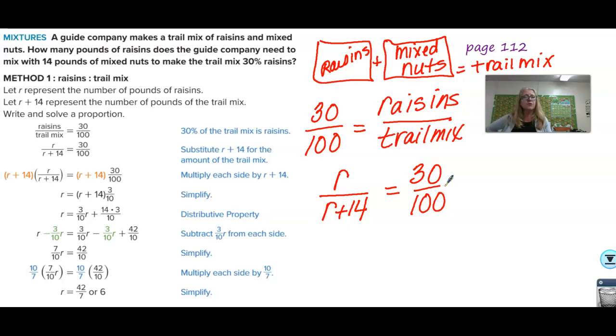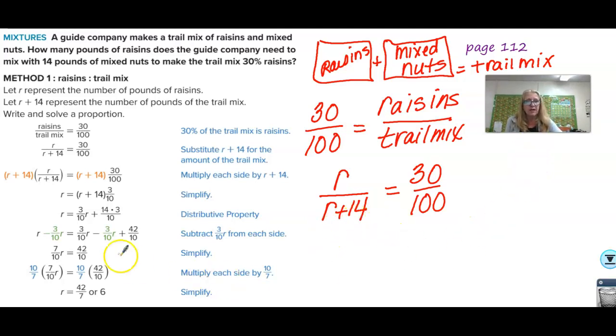Now we're staying true to our word fraction here because this was raisins over trail mix. There's 30% raisins and 100% trail mix, and the R represents the amount of raisins, and R plus 14 equals the total trail mix, okay? So they're saying this is one way you can solve this.